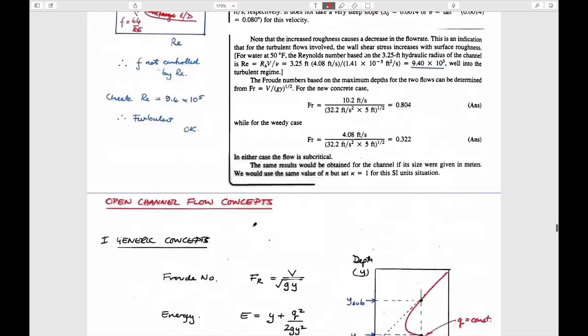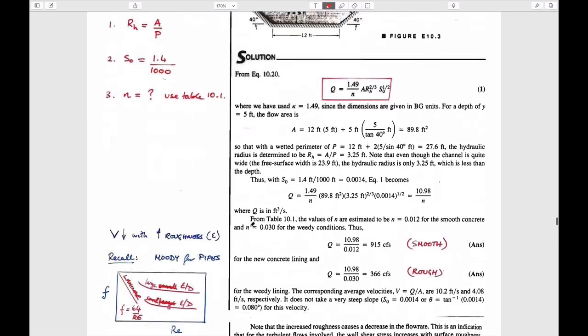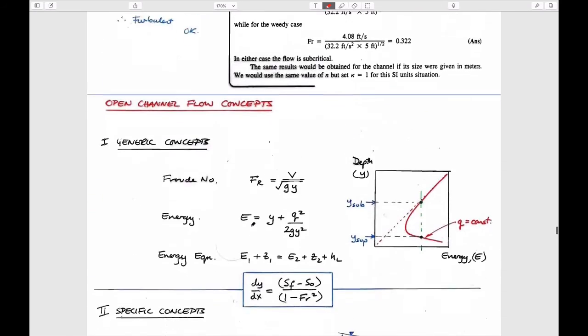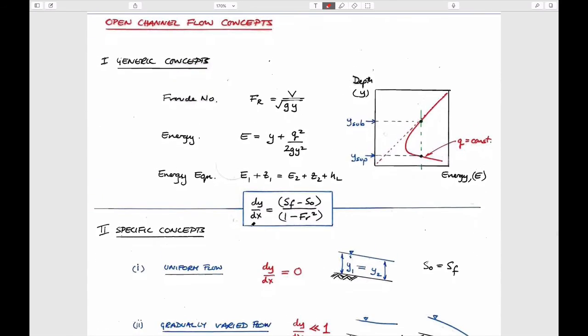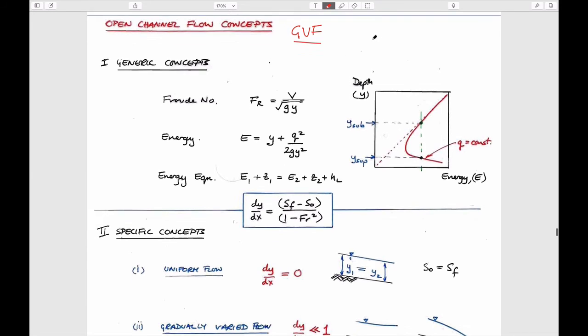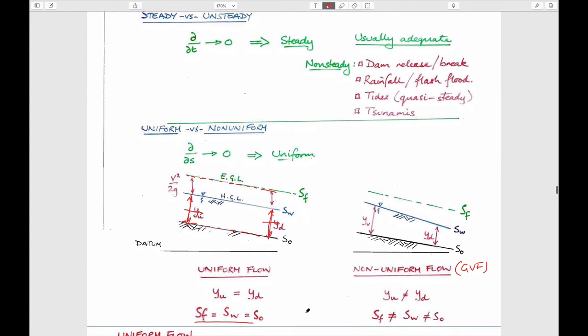Did an example with this to calculate that. I'm not going to spend much time. We did talk about gradually varying flows, where as you flow downstream, no longer is the slope of the upstream portion the same as the downstream.